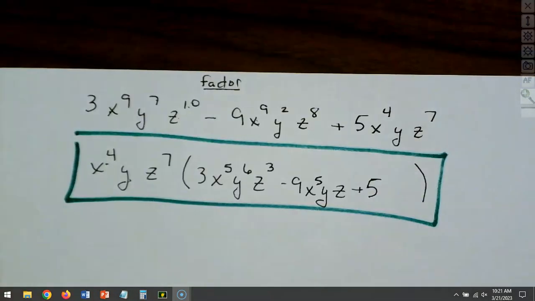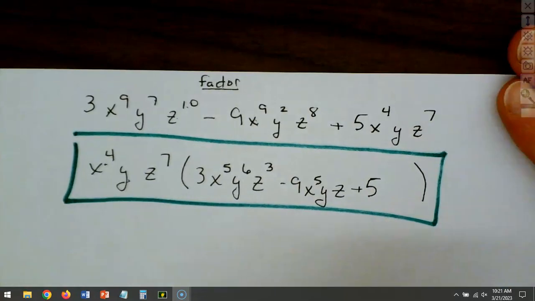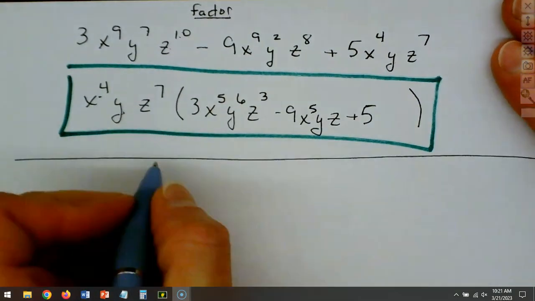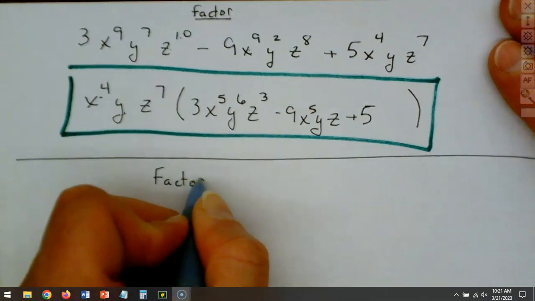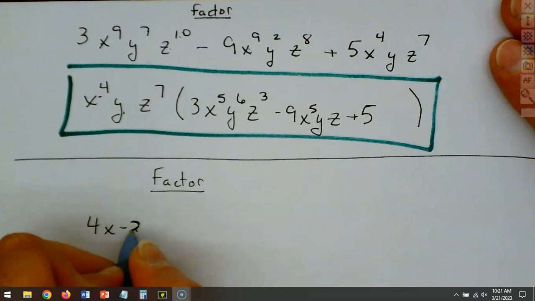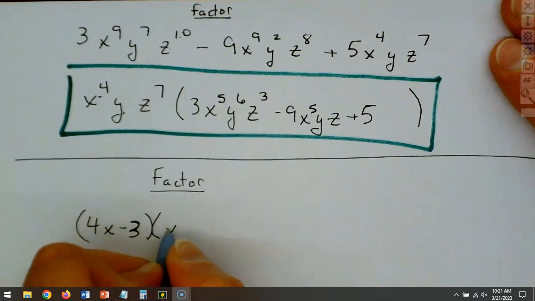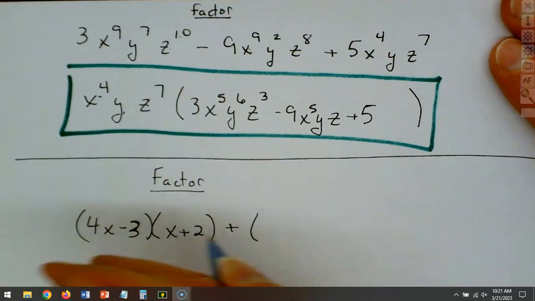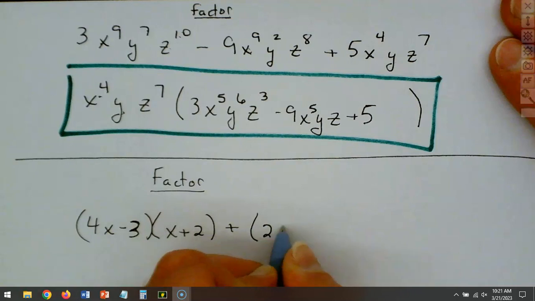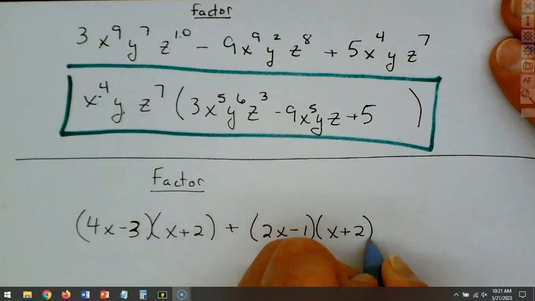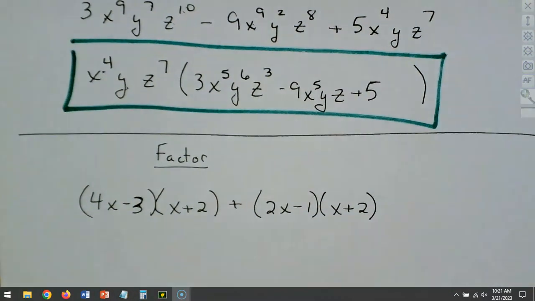Now we're going to learn how to factor groupings when they're in common. So what do you notice about these?